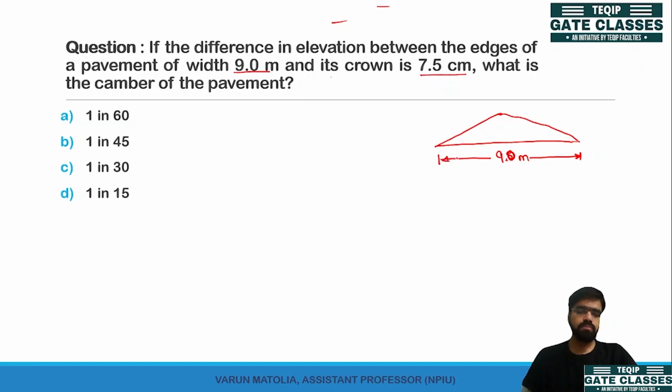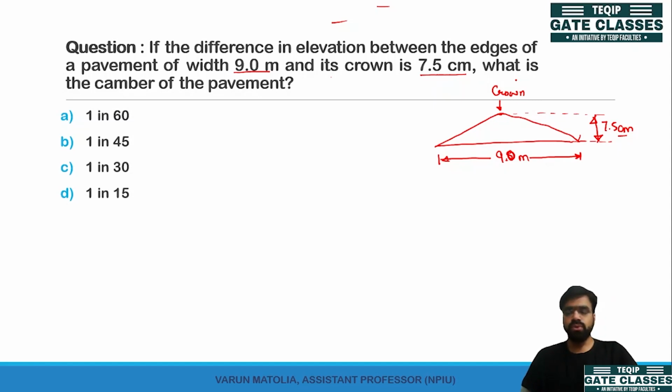It says the level difference, or difference in elevation, of the edge and the crown is 7.5 centimeter.